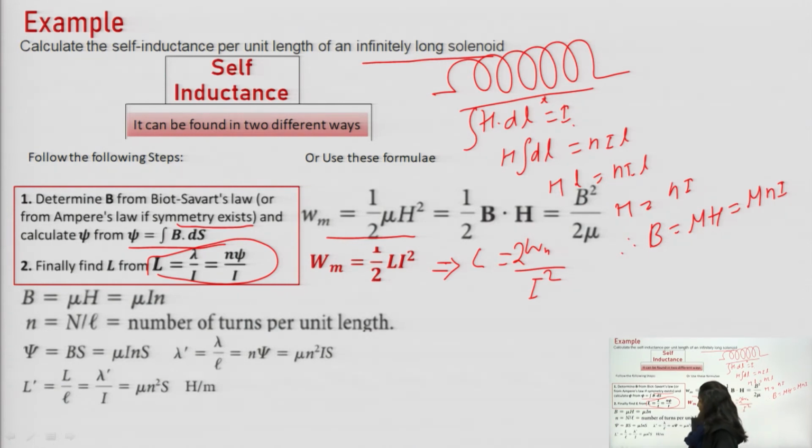So by applying Ampere's law we have found the value of B, that came mu I N.